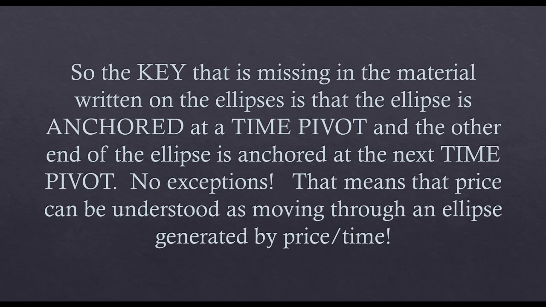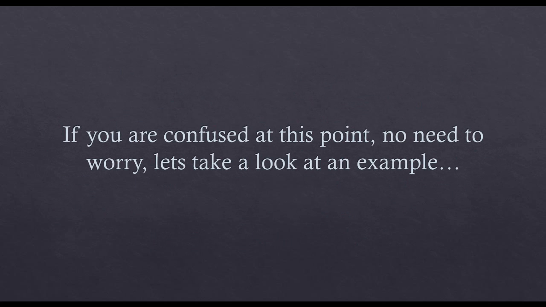No exceptions. That means that price can be understood as moving through an ellipse generated by price and time. Say what? If you are confused at this point, no need to worry. Let's take a look at an example that should make things crystal clear for you.